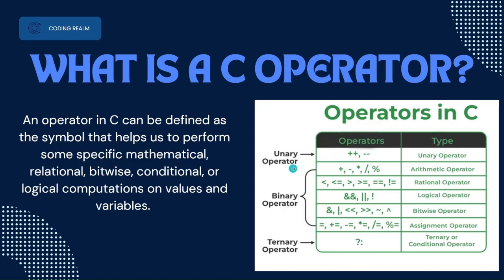We have the unary operators, plus plus or minus minus. The binary operators, we have plus, minus, multiplication, division, modulo, greater than, less than, equal to, not equal to, and, or, etc. And the ternary operator.